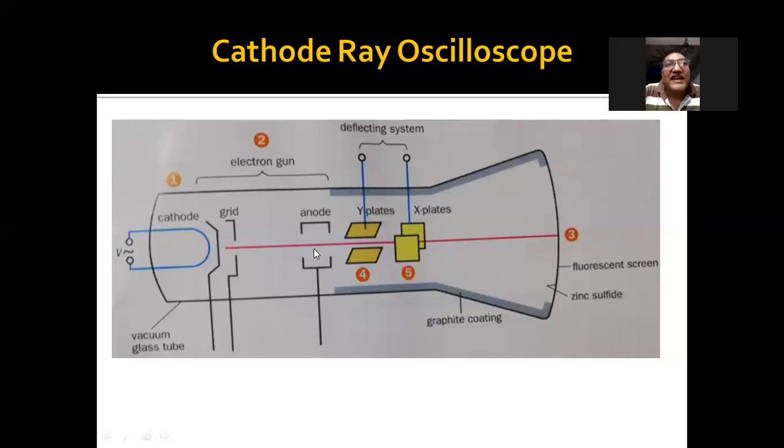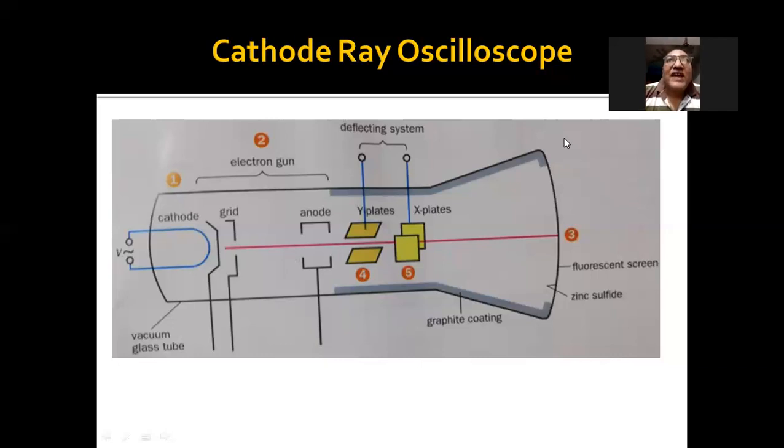Because when the electrons are moving, if air is present here, what will happen? The electrons will collide with the atoms of air, and they will be stopped. They will lose their kinetic energy.